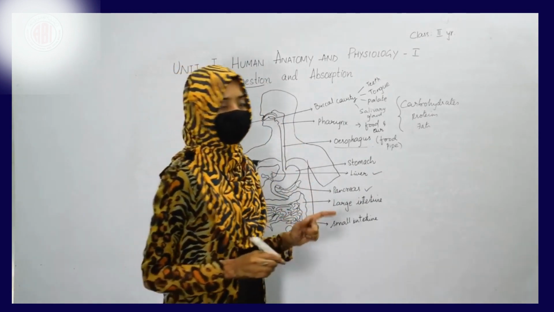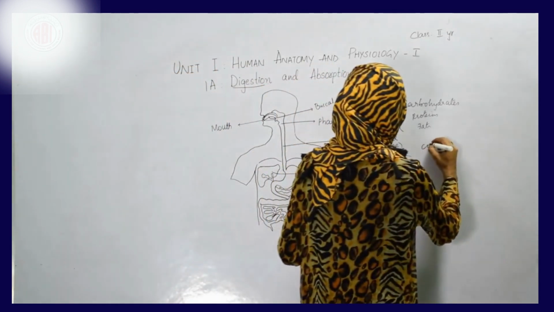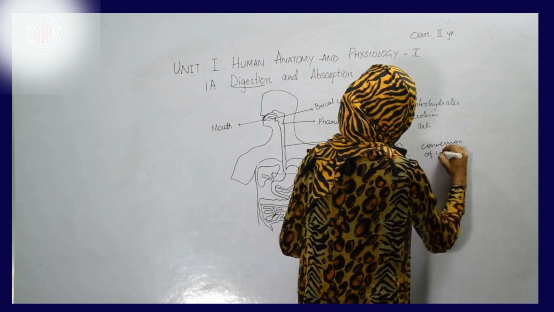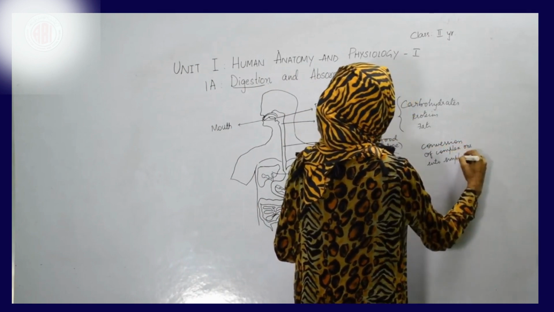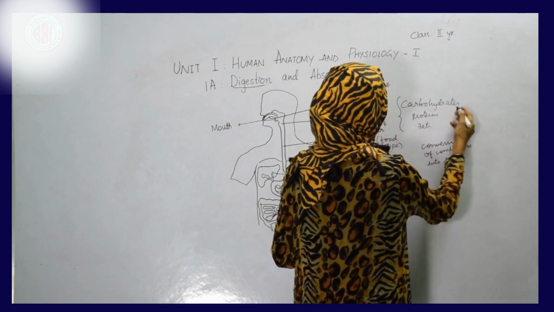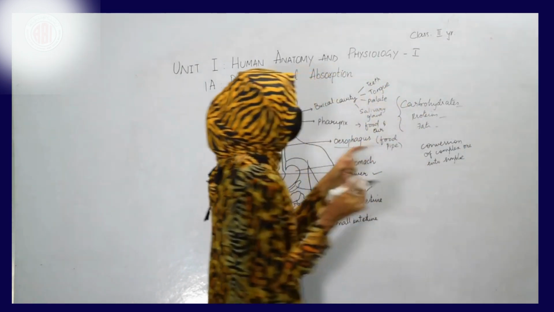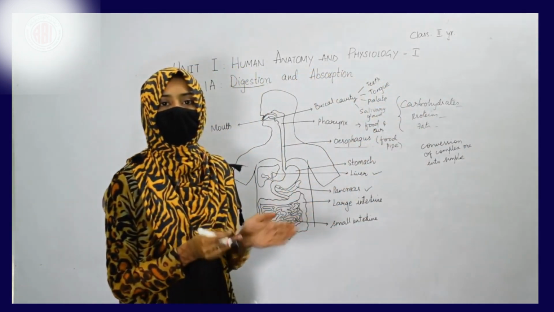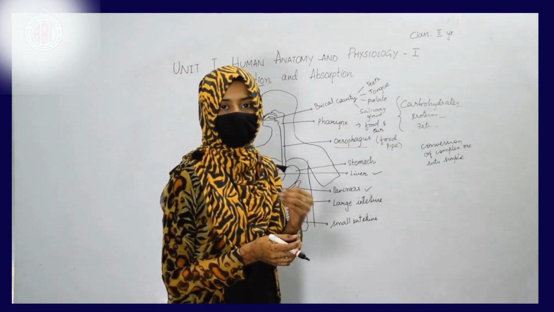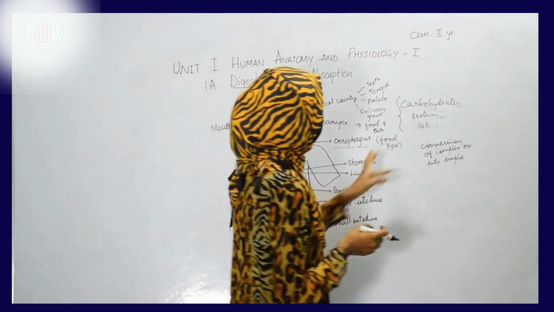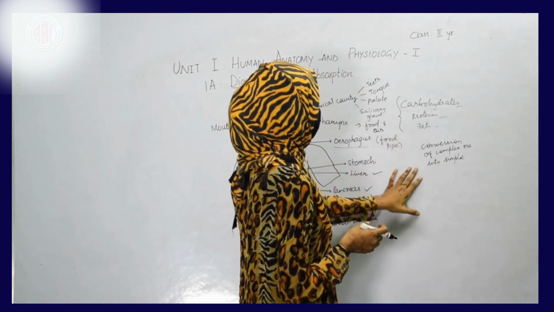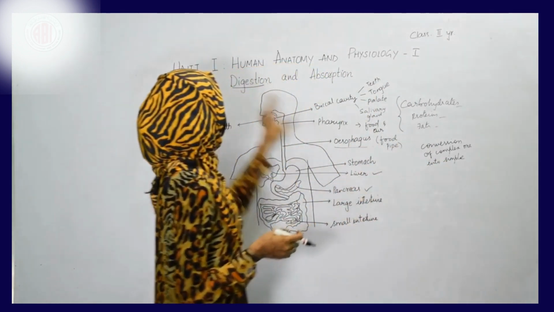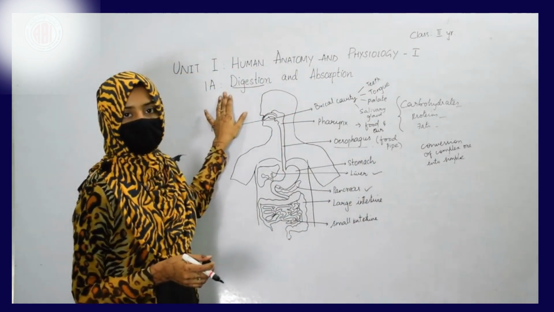Digestion is a process in which complex compounds are converted into simpler ones. The complex compounds are carbohydrates, proteins and fats, and they are broken down by our digestive system. This conversion of complex substances into simpler ones is called digestion.